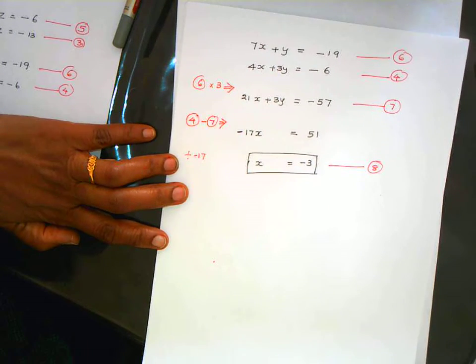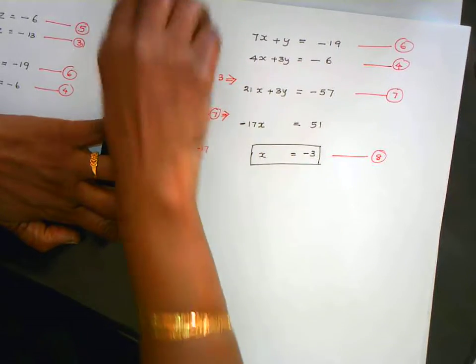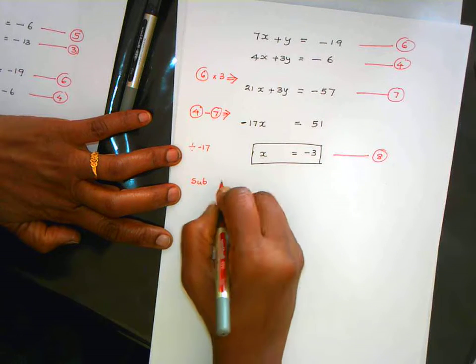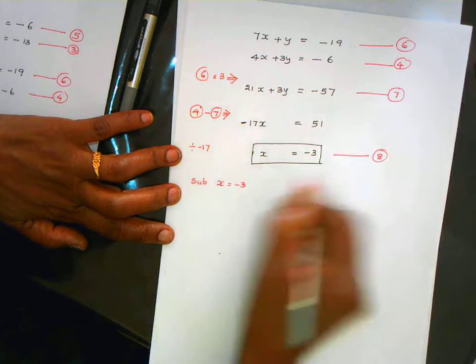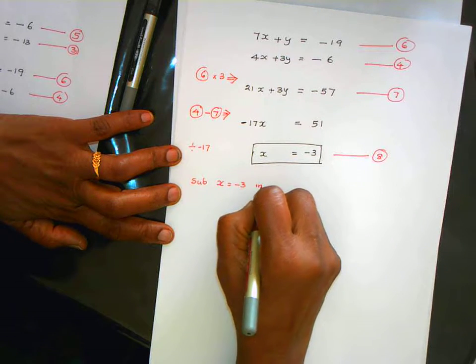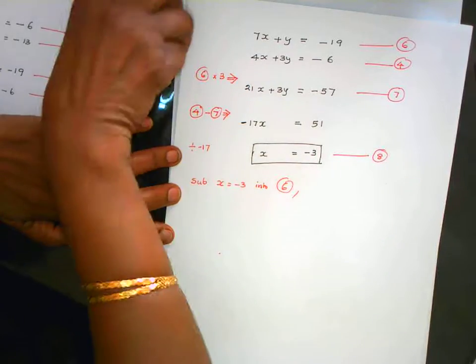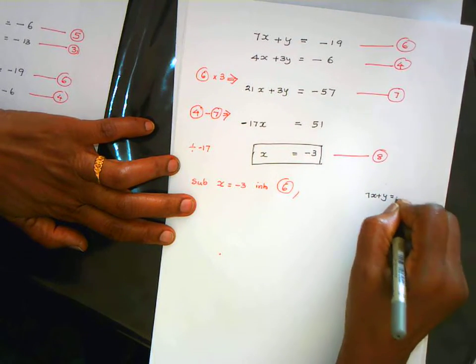Probably I'll stick with equation 6, it's easier. So I'm going to sub x equal to minus 3, or the number 8, into equation 6. Equation 6 is 7x plus y equal to minus 19.